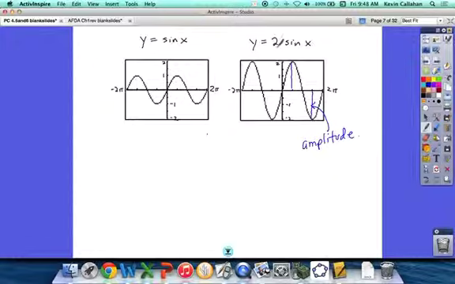So we see the effect of multiplying by a constant. It stretches the graph, and we introduce the concept of amplitude. So right now we have the concept of the period of the graph, which is how long does it take to go through one wave. The amplitude of the graph is how high does it go above and below the middle.